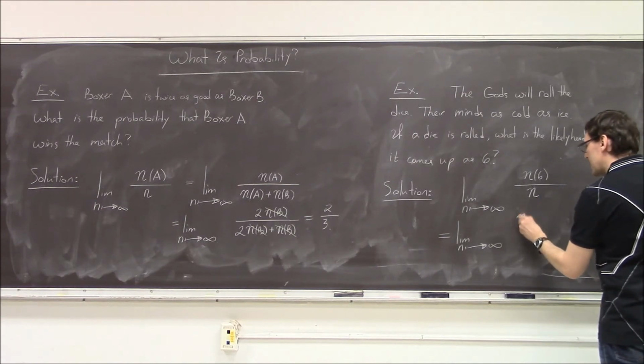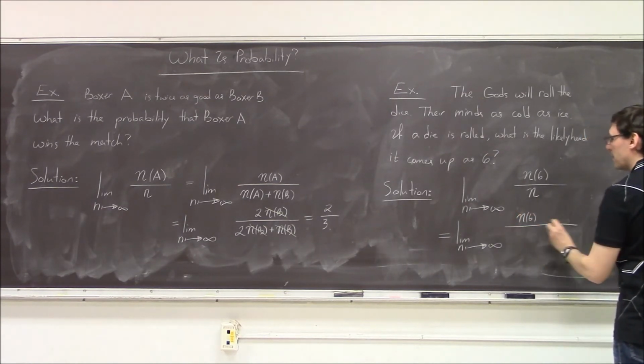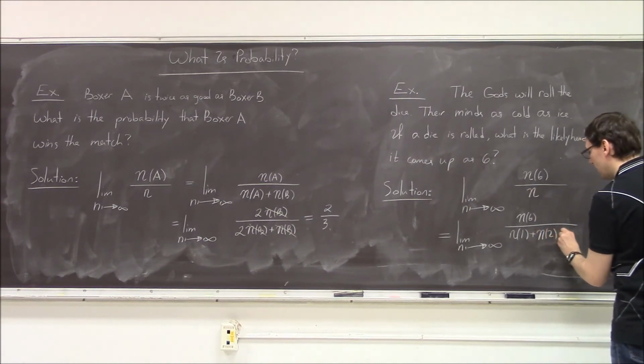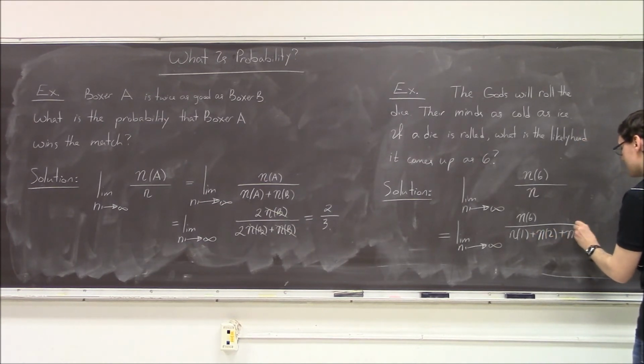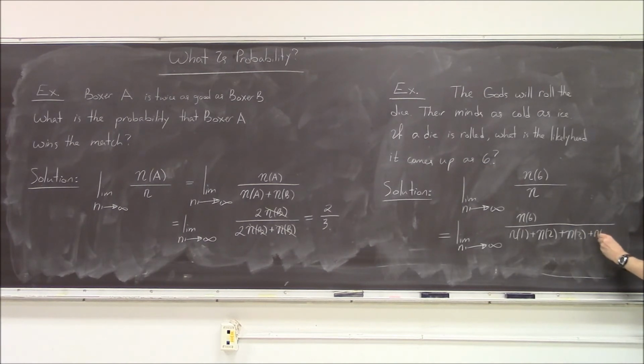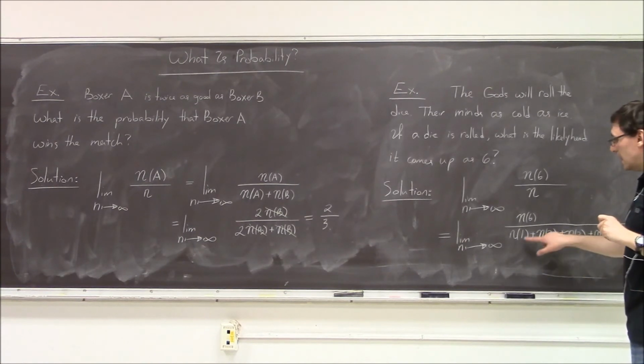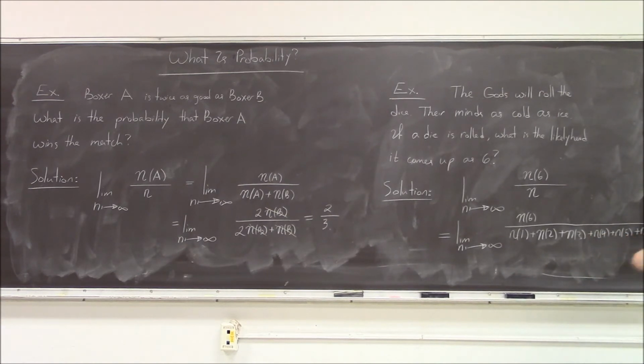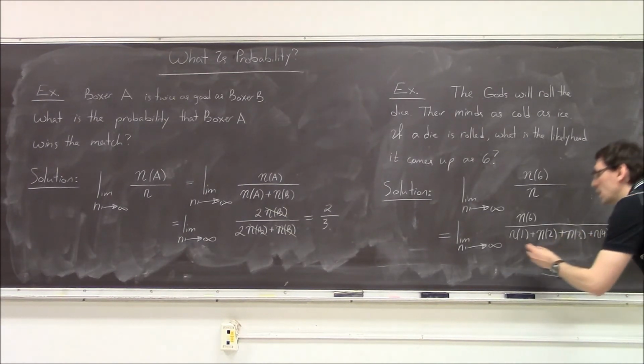I think of this as n of 6 divided by n of 1 plus n of 2 plus n of 3 and 4 and 5 and 6, yes? Now, if this is a fair die, with enough trials, there is no preference. The number of times you saw 1 come up, or 2, or 3, etc. are the same, correct? They are all the same number.